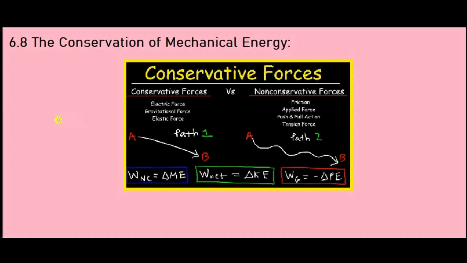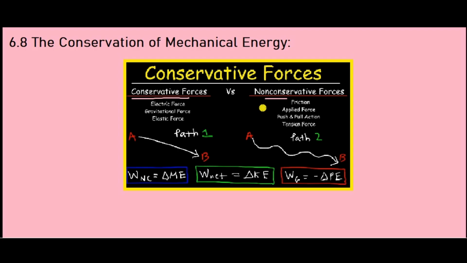6.8 Conservation of mechanical energy. When we are trying to talk about the conservation of mechanical energy, we must know about the conservative force and the non-conservative force. Conservative forces do no net work over a closed loop.